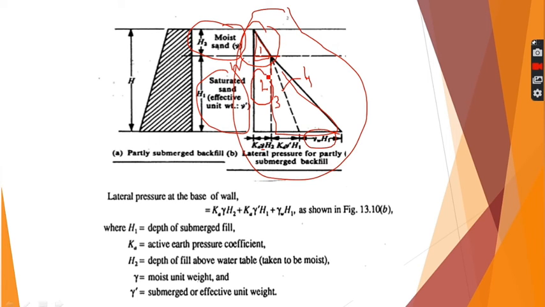Similarly, P2 is a rectangle, so the area of this rectangle is Ka gamma H2 into H1. So Ka gamma H2 into H1 will give you P2. P3 will be half Ka gamma dash H1 into H1. P4 will be half into Ka gamma dash H1 plus gamma W H1, into H1.